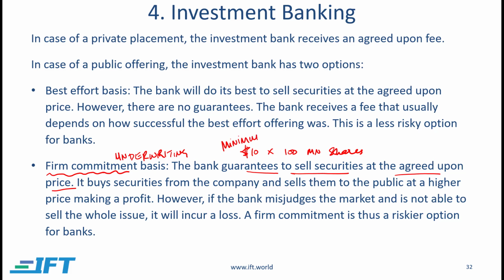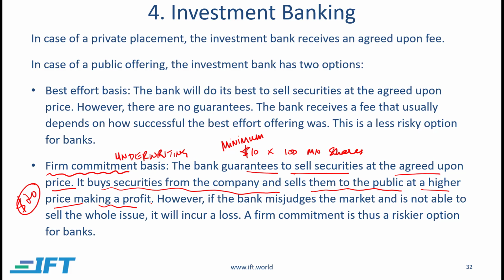And what is the benefit for the bank to take this risk? In this scenario, the bank buys the securities from the company and sells them to the public at a higher price. So if they are able to sell it for $20 a share, they're going to make $1 billion profit, right? And that's why investment banks make so much money.